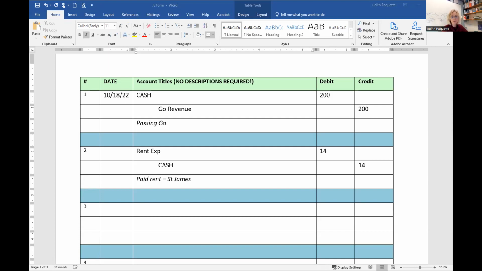So here, let me give you a journal entry that was on the practice exam, I believe. Bought land for a building, cost, I don't know, we'll say $20,000. Put 5,000 down, signed a note for the balance.